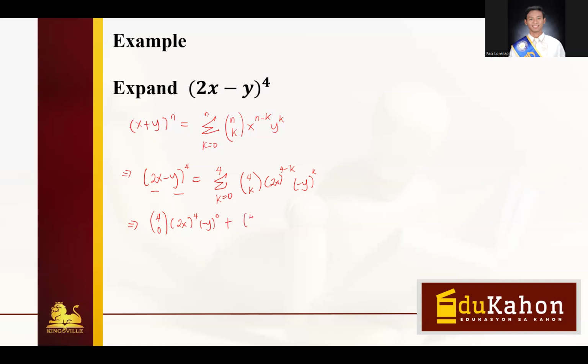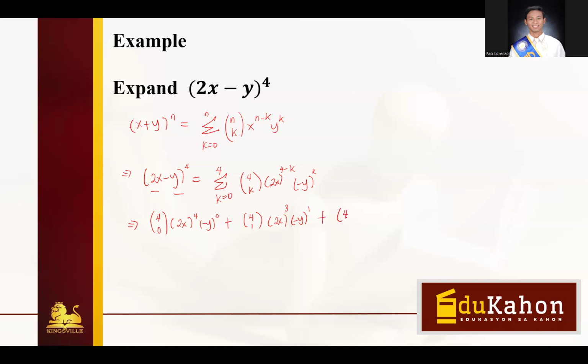Plus 4 taken 1 multiplied by 2x. Since this is already 4, then we will decrease by 1. So this is already 3. And negative y will be raised to 1. Okay? So just remember that n and k are just equal to the values of your exponents for x and y, which is 2x and negative y.